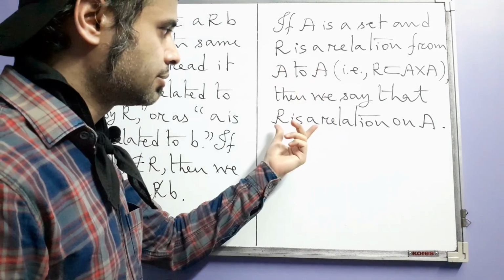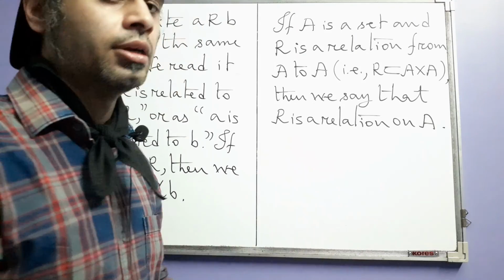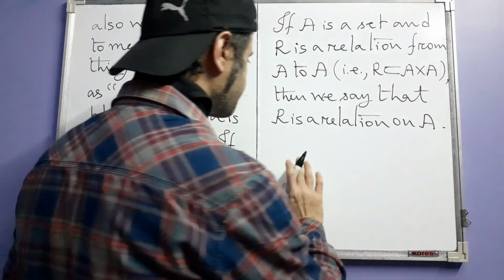You can express that same thing like this: R is a relation on A or in A.